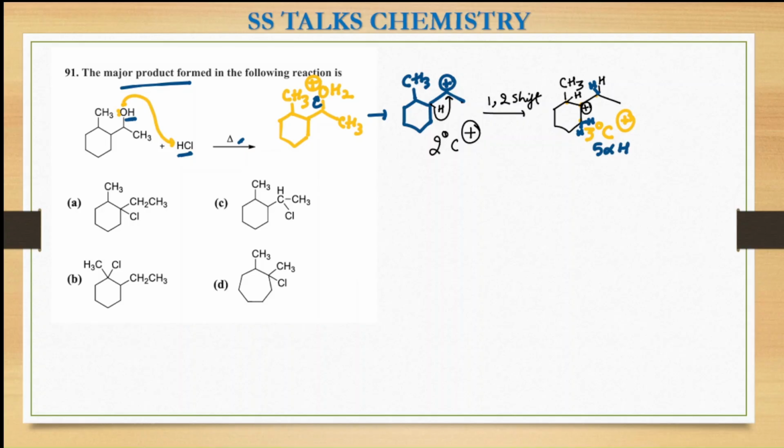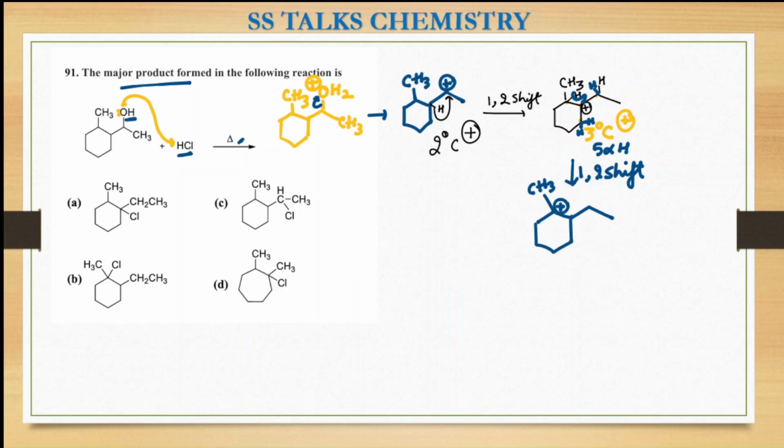Now if we do the rearrangement, if you shift this hydrogen atom over here, that means again a 1,2 shift, we will get this particular carbocation. Here this species is as it is. Here the methyl group is present, and its hydrogen has shifted, so a positive charge is coming on this carbon center.